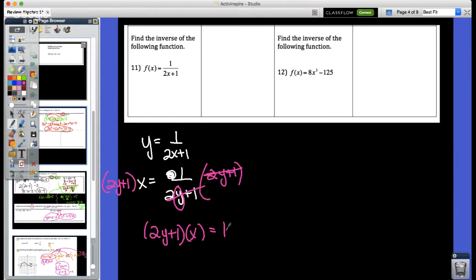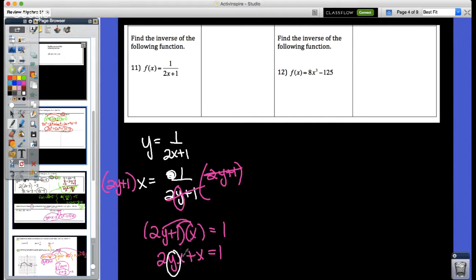I told another class you could do a couple things here, but really 2 things. I like to distribute that x, so let's do that. Let's go x times 2y and x times 1. So we get 2yx plus x equals 1, okay?